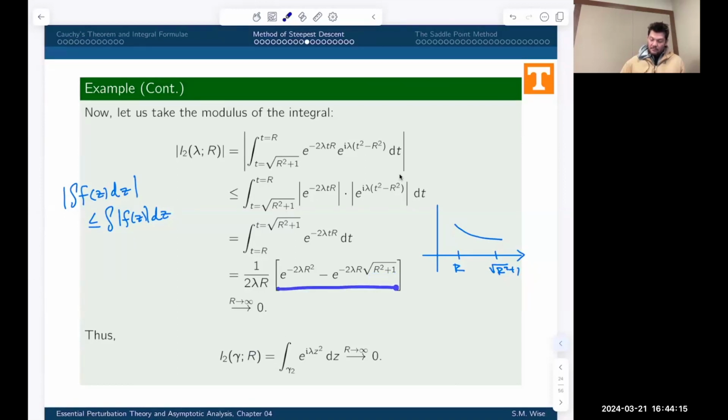For the difference here, we don't care what it goes to, but it is decreasing as R goes to infinity. And this guy is the thing we're most interested in. As R goes to positive infinity, this is going to 0. So this is showing that our bridge integral in modulus is going to 0 and not going to contribute to anything.